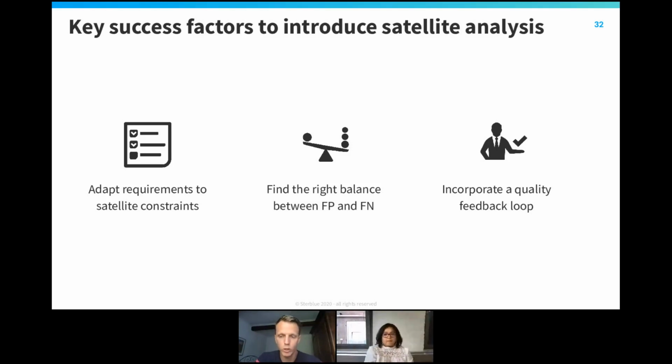For example, utility companies in California cannot afford to miss any detections close to the grid because of the risk of fire. For the north of France, it's not as strict, so they accept a few false positives so that they are not cluttered with too many. And last one, incorporate a quality feedback loop, which allows the model to improve over time.